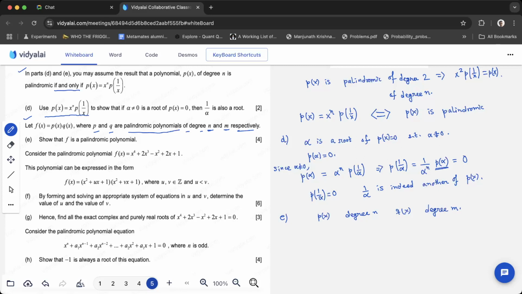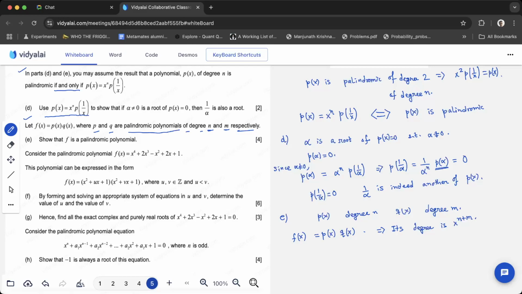So that f is also a palindromic polynomial. So f of x, which is p of x times q of x, first of all, its degree is x to the n plus m.